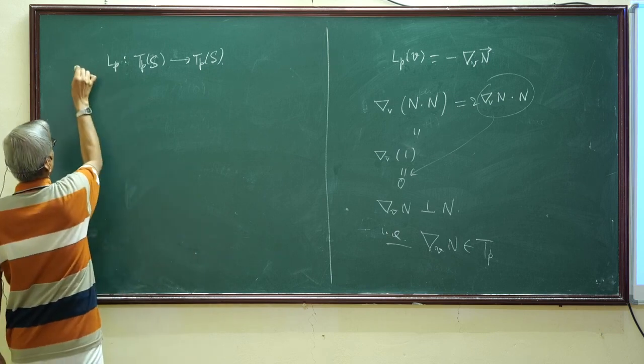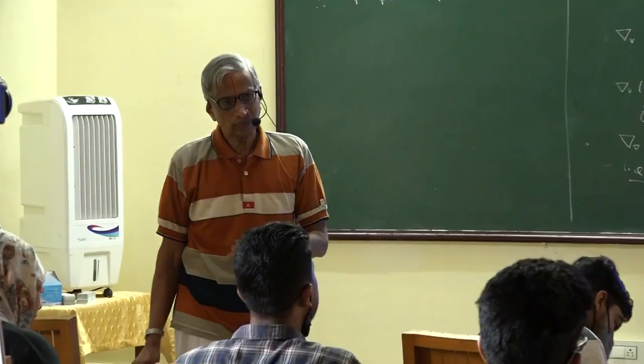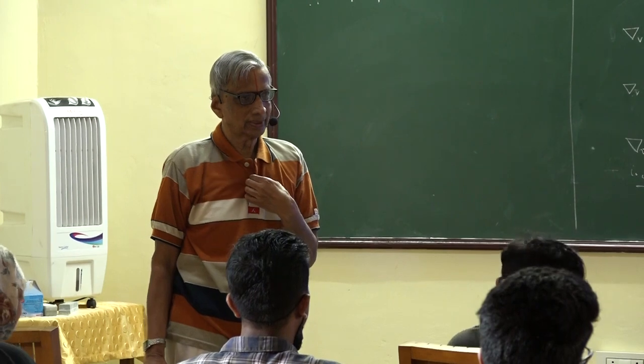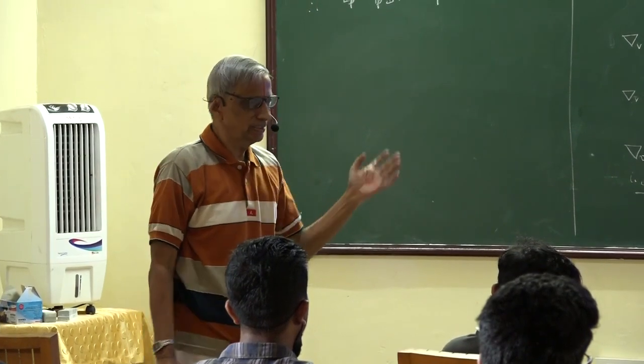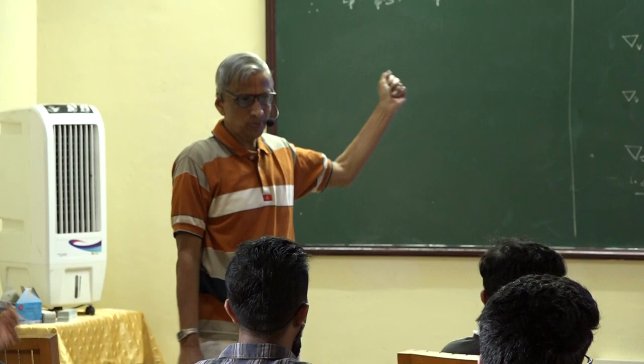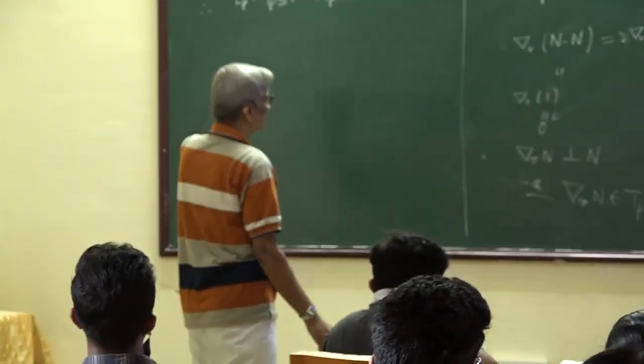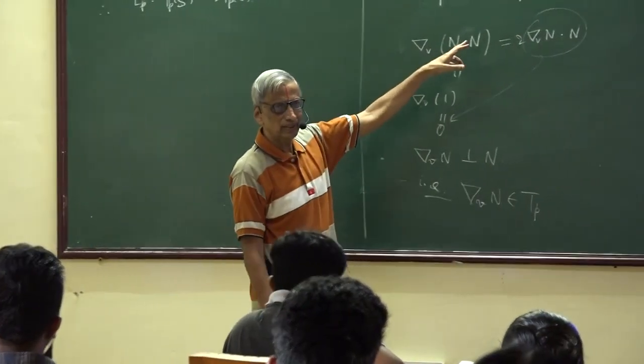Right? But what kind of a map? Actually, you want it to be a linear map because you are in a vector space. But linearity is not difficult to see from this.